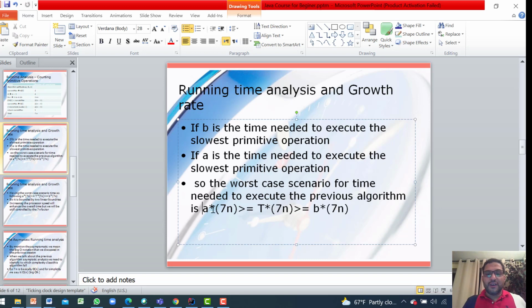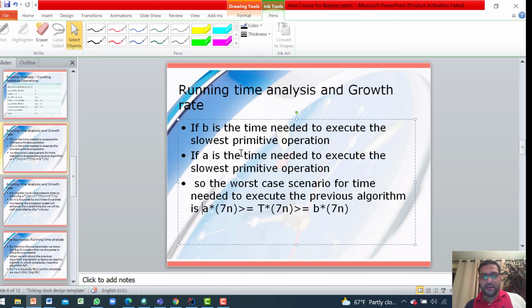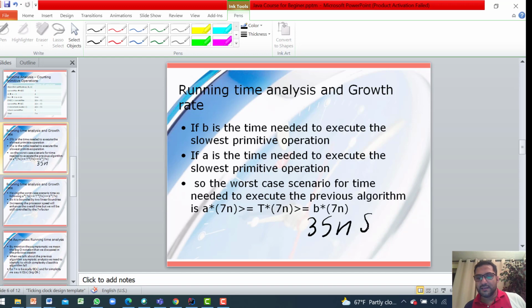And here, if A is the fastest one, which takes, for example, 1 second, so 1 multiplied by 7n seconds.